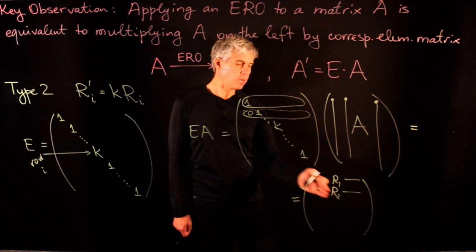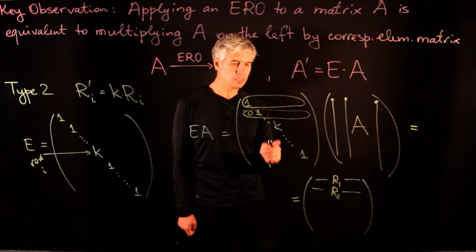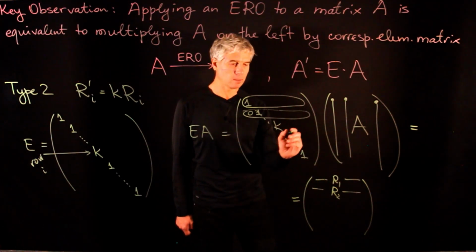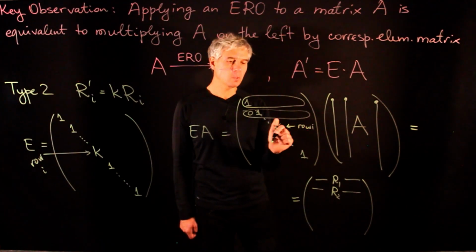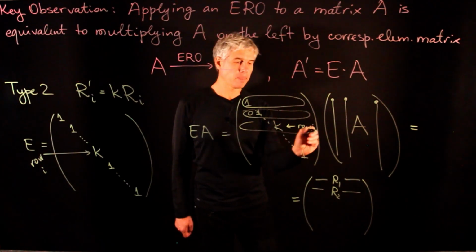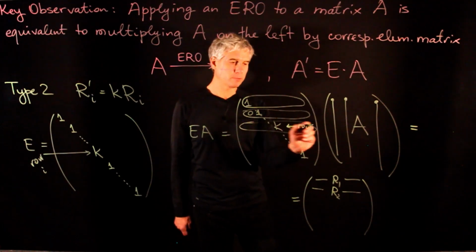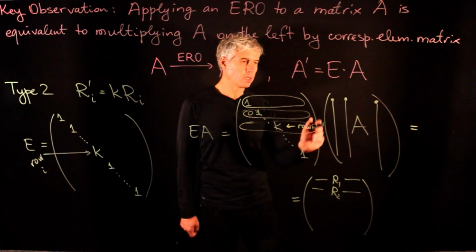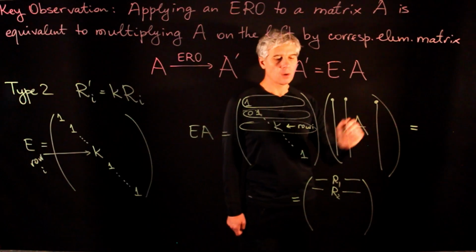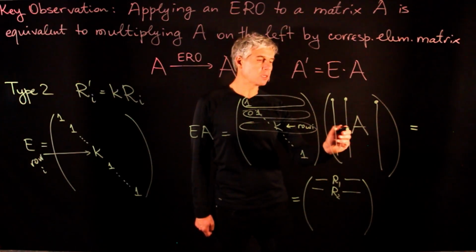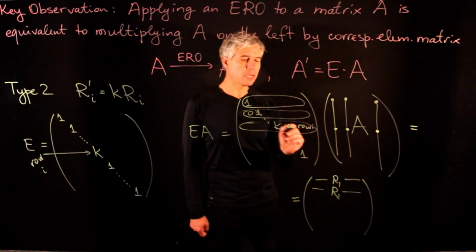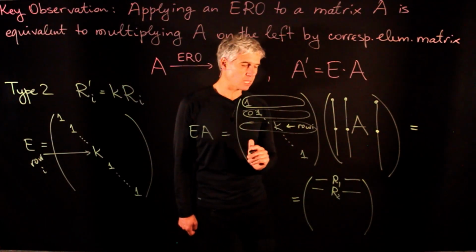And so this pattern will repeat until we come to row i. So this is row i. And when we take the dot product of this row with each column of matrix A, then we are going to pick out the ith entry in each column multiplied by this non-zero scalar k.